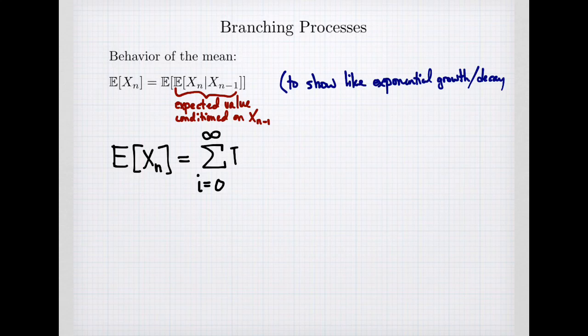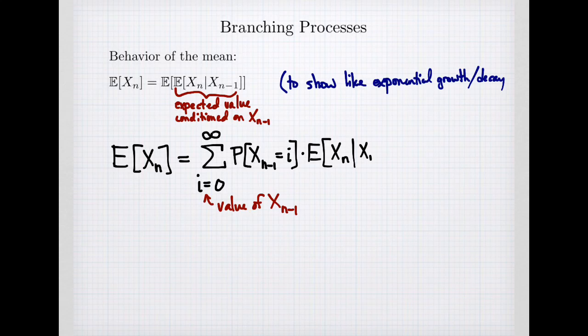So this means, let's clarify, i is the value of X sub n minus 1. And so what we'll do is we'll say what's the probability that X sub n minus 1 equals i, and we're going to multiply by the expected value of X sub n conditioned on the knowledge that X sub n minus 1 equals i.